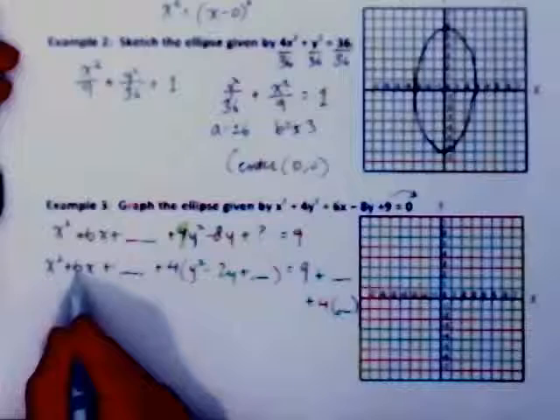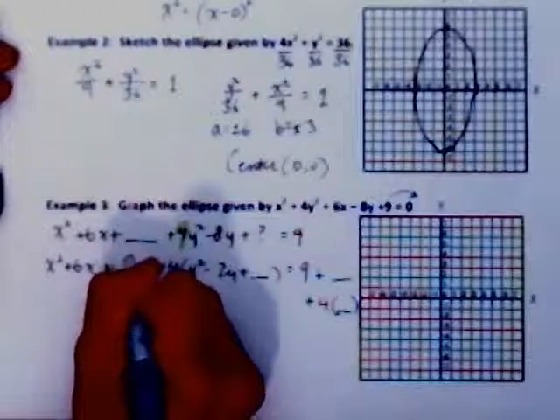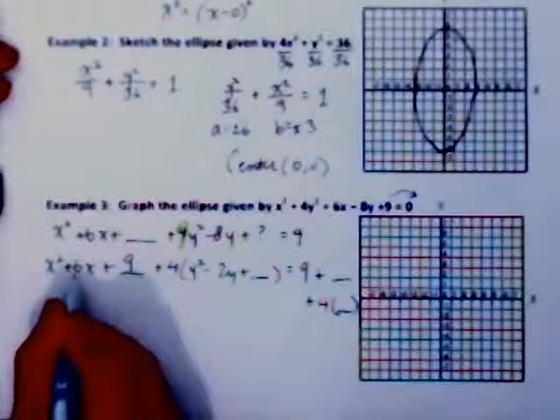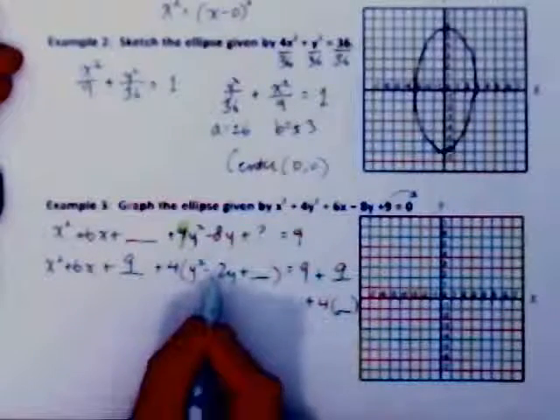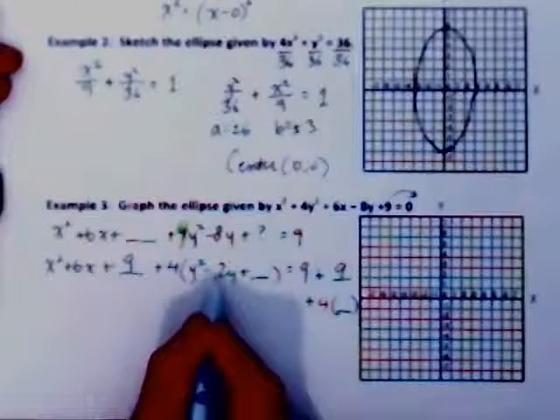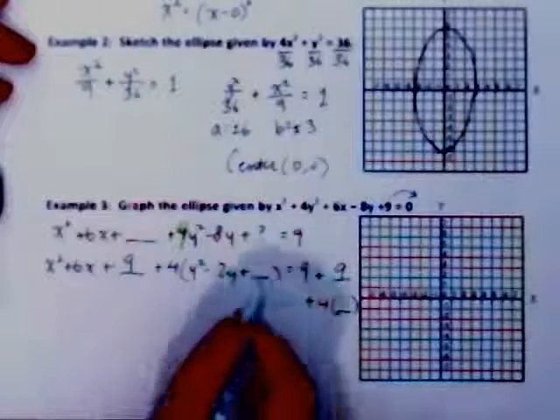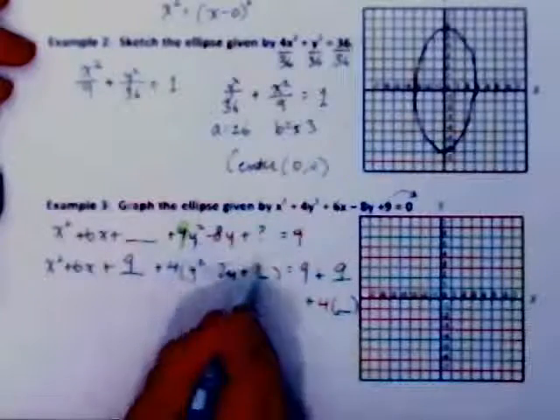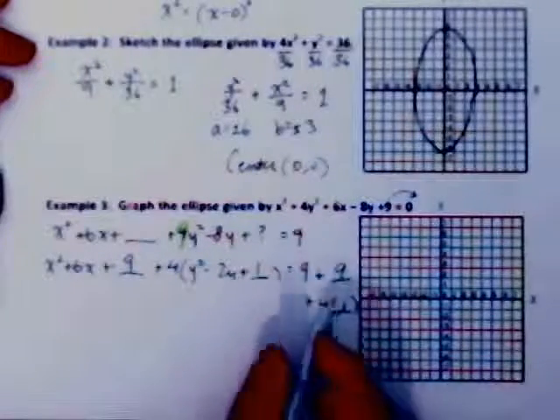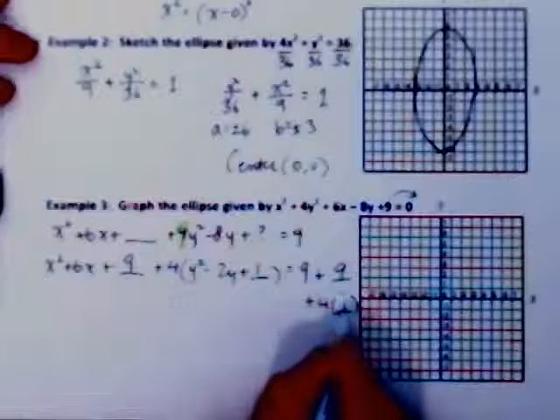Take this number, divide by 2, squared. 6 divided by 2 is 3, squared becomes 9. We're adding 9. Take the negative 2, divided by 2, always divided by 2, squared, you get plus 1. We're actually adding 4 to the left side, so we have to add 4 to the right side. So you see how it's 4 times that?